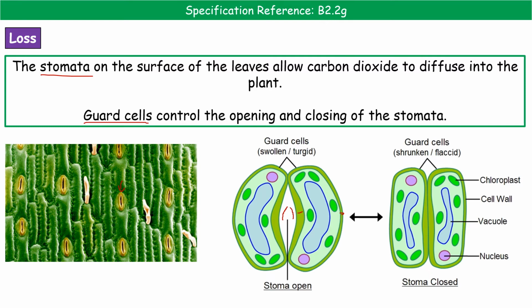Now, because the inner wall is thicker, it's not going to push that one in. So that means our stomata actually open. We get that bending effect that means we have an open stomata. When we don't have much water present, the cells become flaccid and then they close the stomata.